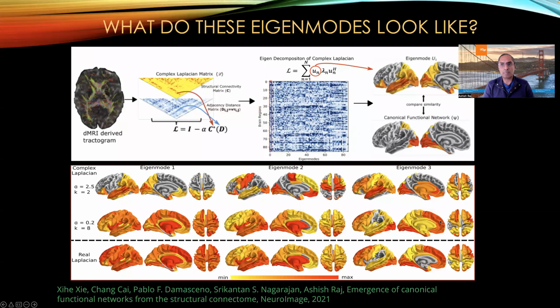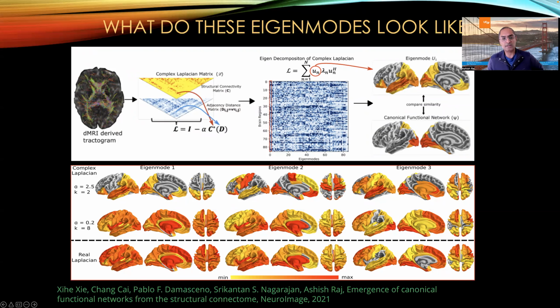So what do these complex eigenmodes then look like? They look very much like their real counterparts, except that now, because you have these two new dials, alpha and k, you can dial them up and down for these eigenmodes, which used to be static, to now start giving you a lot of richness in space.